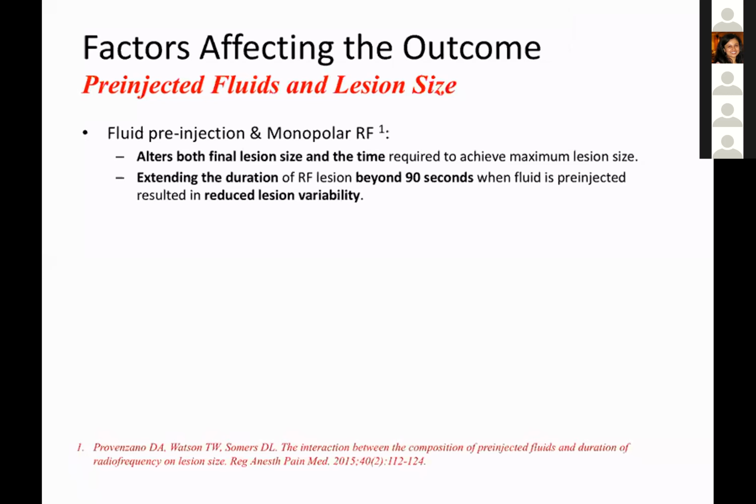What they want to say is that when we inject fluid and make a radiofrequency lesion afterwards, there is somewhat of a variability in the size of the lesion, and this variability reduces when we extend the duration of the lesion beyond 90 seconds. So no problem, we usually make our lesion beyond 90 seconds in most cases.